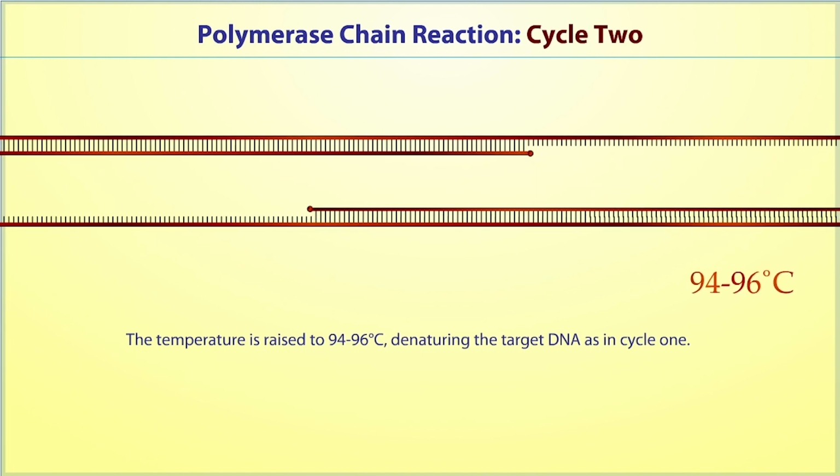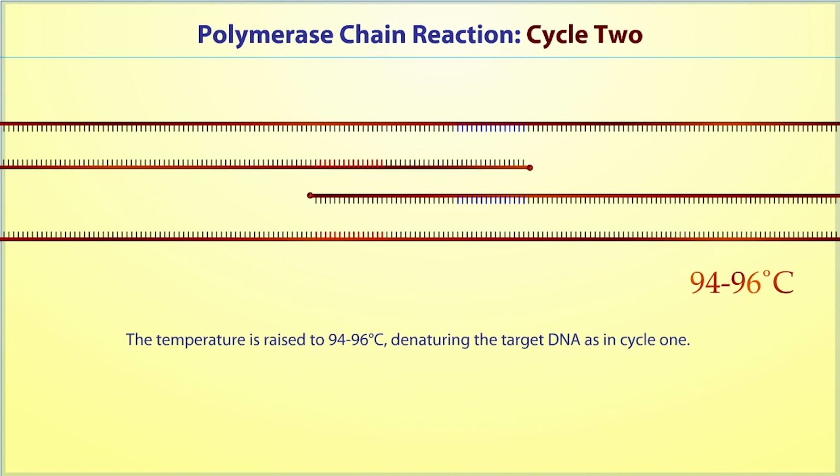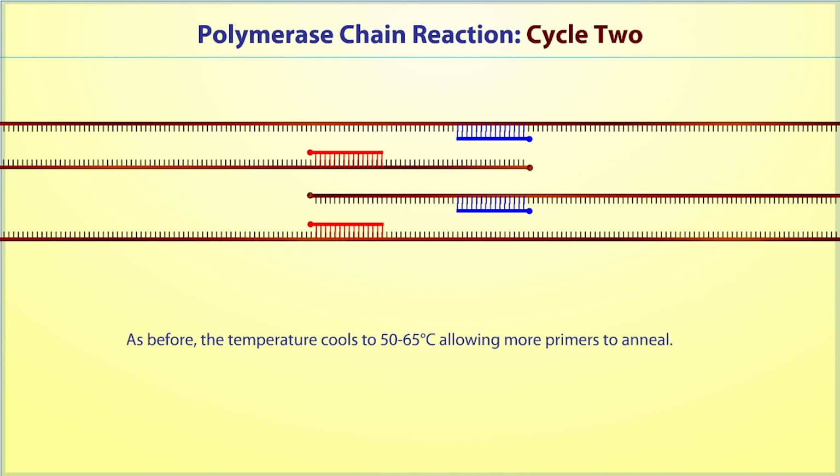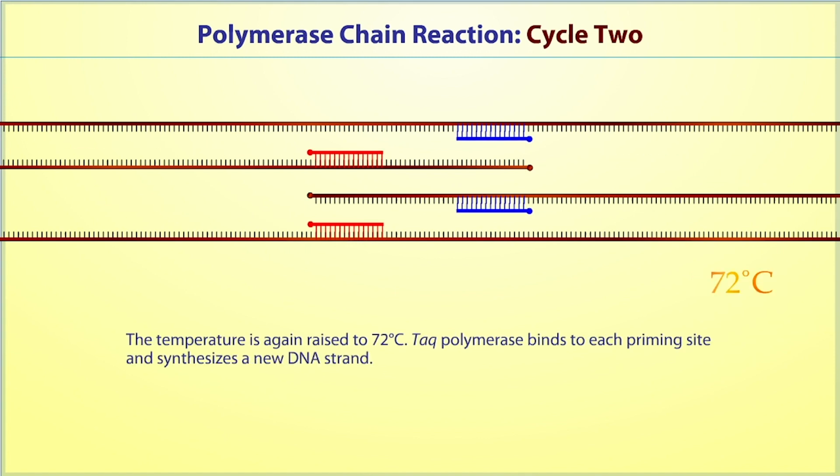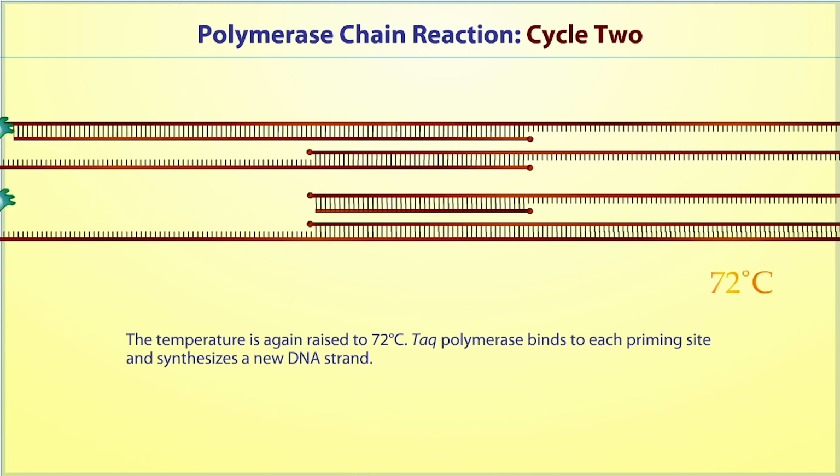Cycle 2. The temperature is raised to 94 to 96 degrees Celsius, denaturing the target DNA as in Cycle 1. As before, the temperature cools to 50 to 65 degrees Celsius, allowing more primers to anneal. The temperature is again raised to 72 degrees Celsius. Taq polymerase binds to each priming site and synthesizes a new DNA strand.